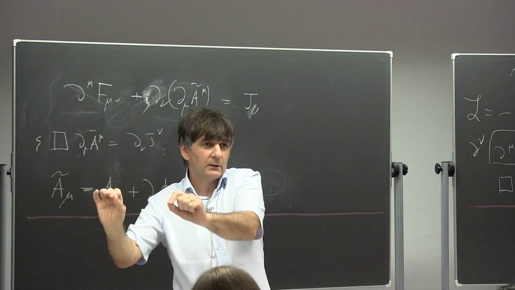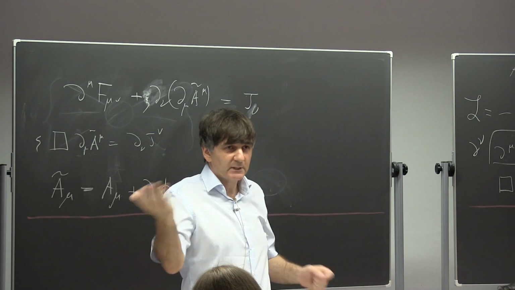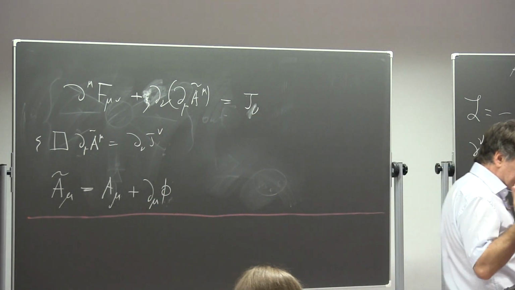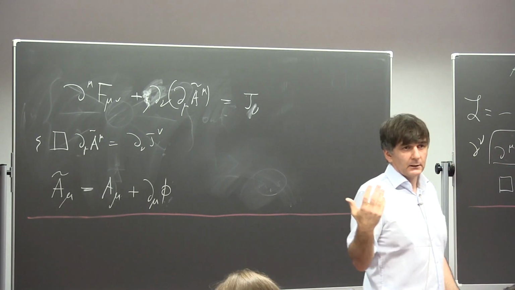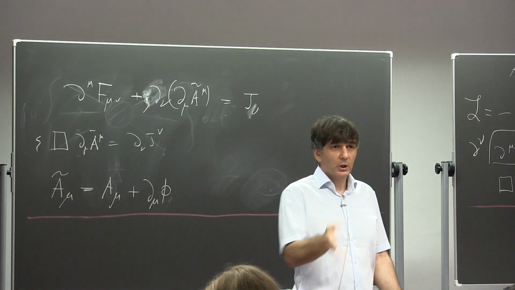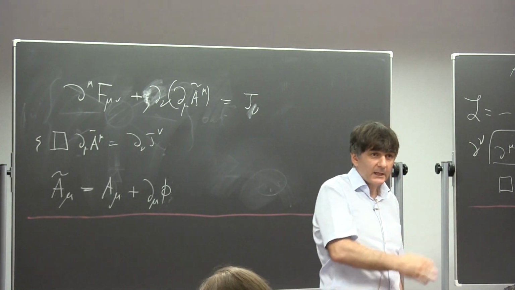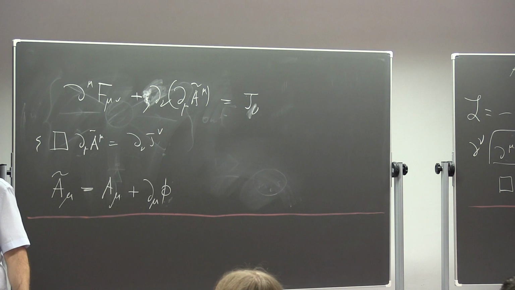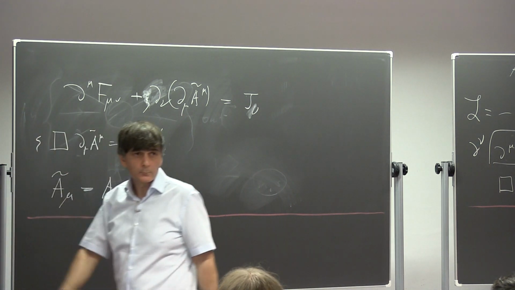If the ghosts are gauge artifacts, then this means that they are simply not there. It's just a redundancy. It's not a physical degree of freedom. So that's what is happening in Maxwell, and that's what stops happening the moment you deform Maxwell. For instance, like this.